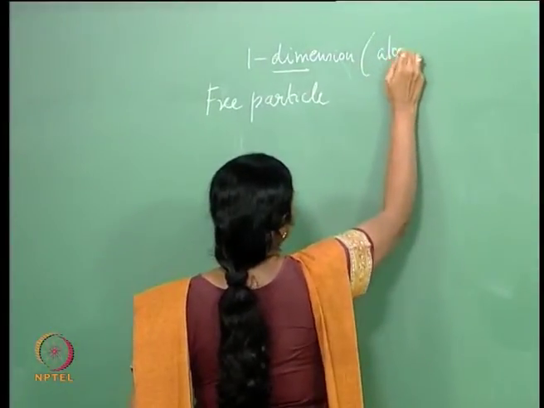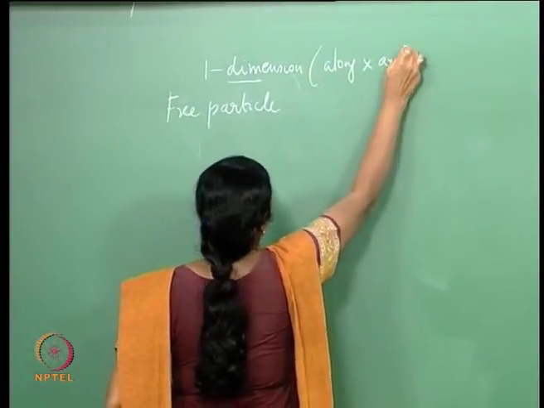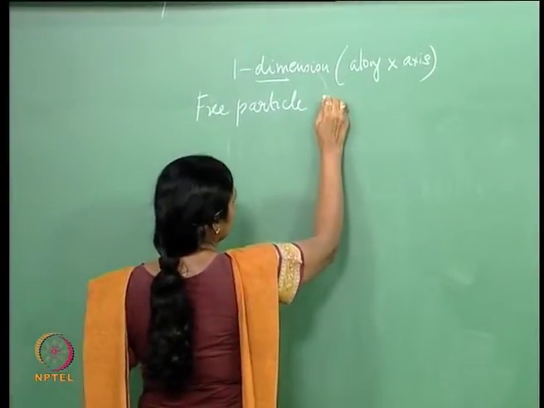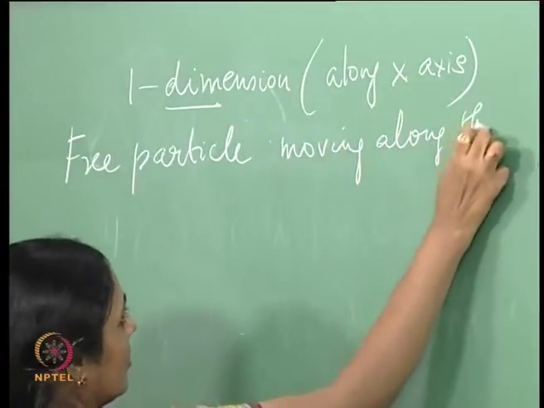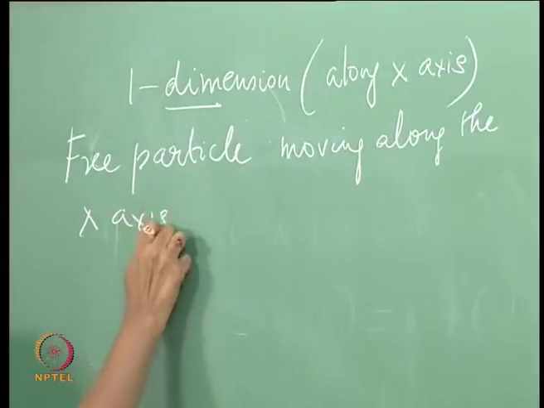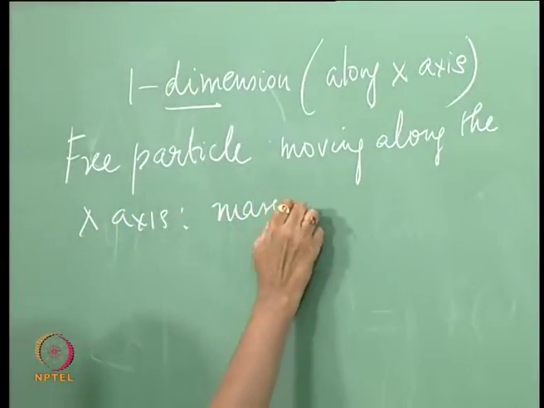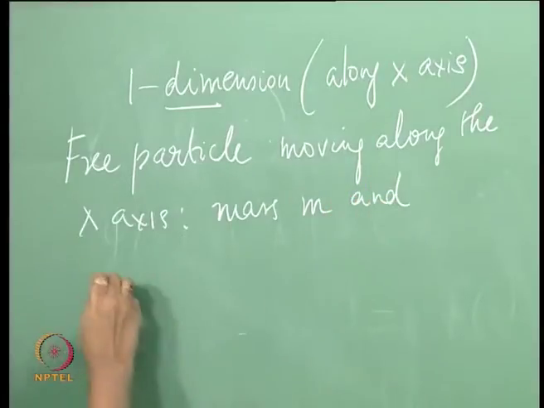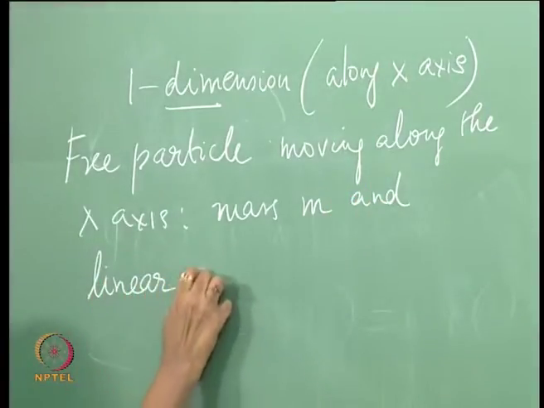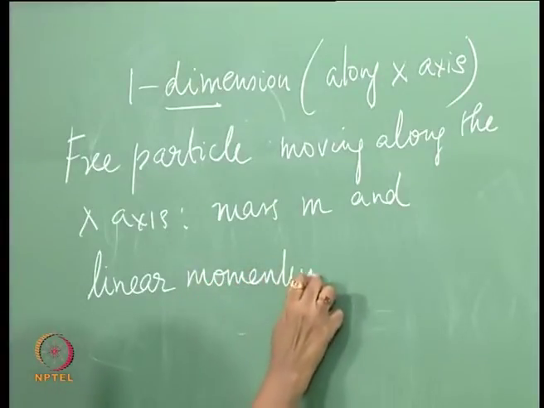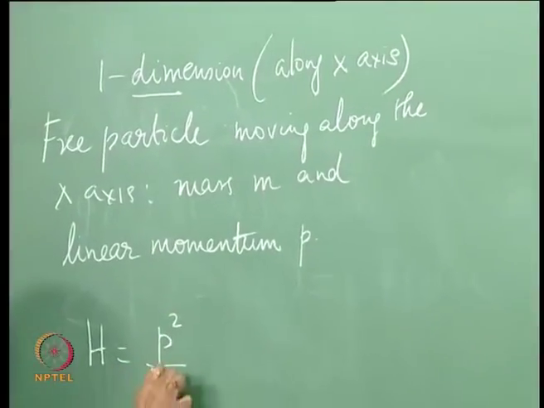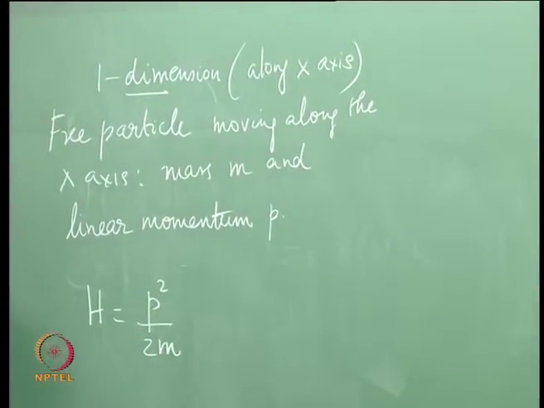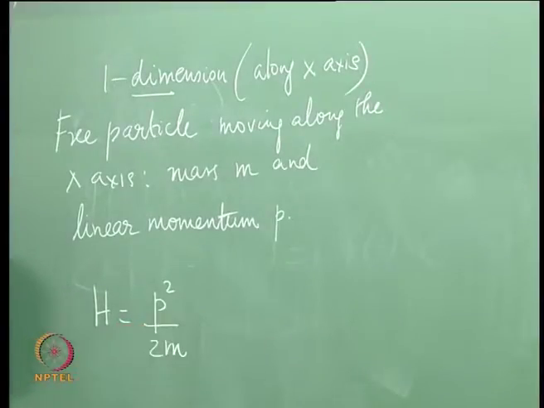So a free particle moving along the x-axis, the mass is m and the linear momentum is p. It is clear that the energy operator is p squared by 2m. There is no potential term, otherwise I would have written a V of x.